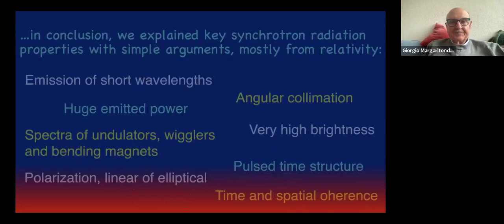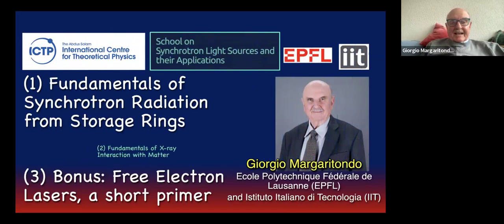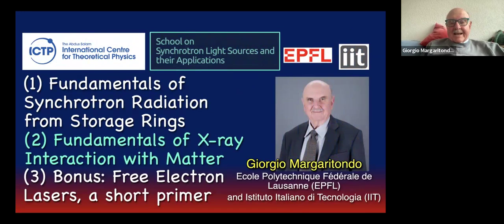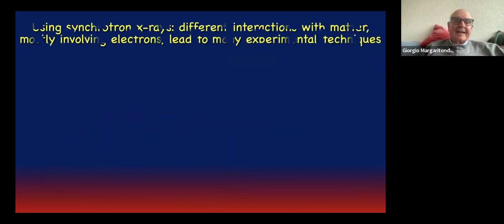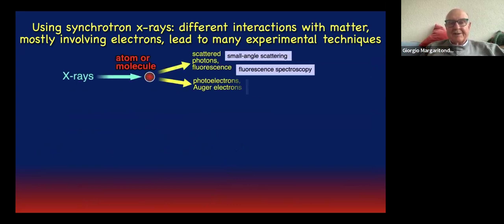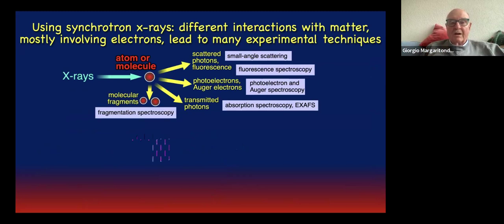Okay, now, having concluded this part, now the question is, what are we going to do with synchrotron radiation? How can we exploit its characteristics? In other words, what are the interactions with matter that we can use for practical experiments? Now, before going into the details, let me emphasize that there is not a single answer, because there are many different kinds of interactions between X-rays and atoms or molecules or solids.